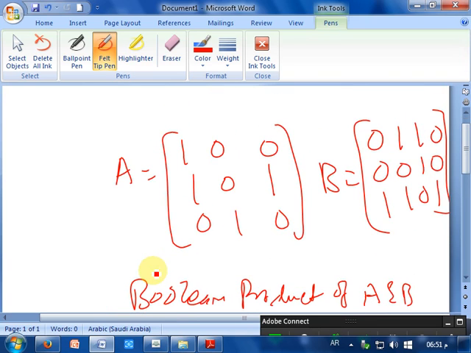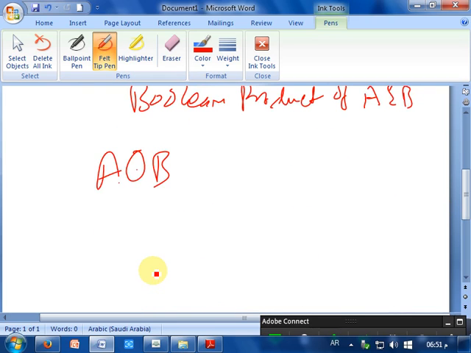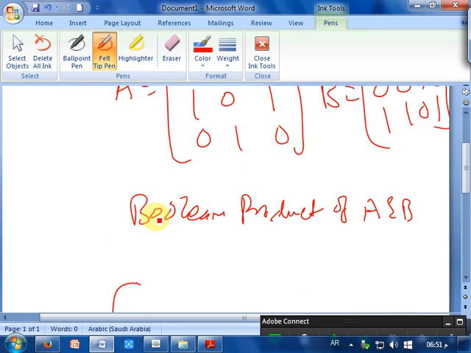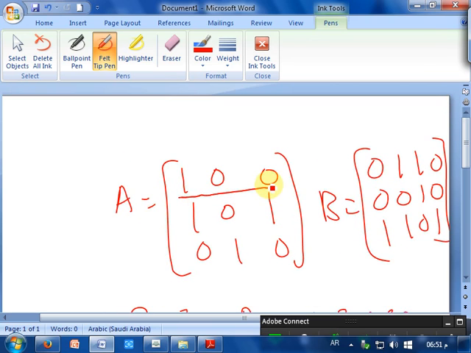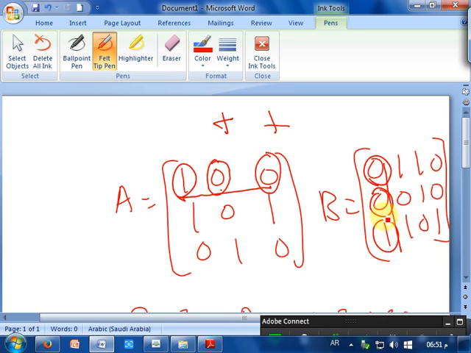See, when you want to multiply two matrices, to get the first element of the result, you have to multiply the first row and first column. Multiply every element, this element with this, plus the second element with the second, plus the third element with the third, in the row and in the column.